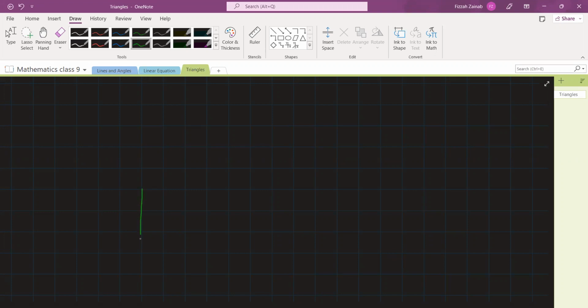If I take an interval like this, 0 and then this is 4, right?